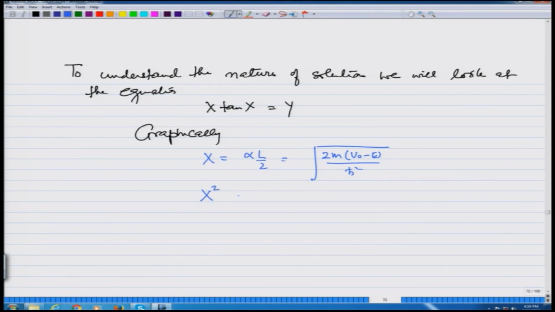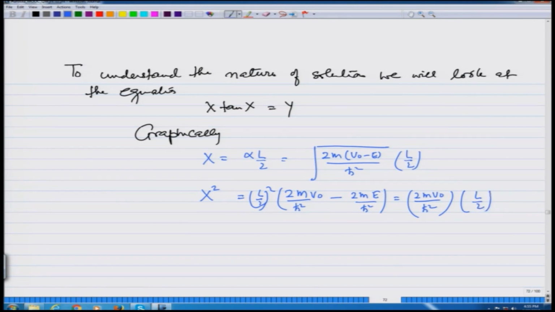So, x square is nothing but 2 m over h cross square V0 times L by 2 square, minus 2 m E over h cross square times L by 2 square, which is y square. So, x square plus y square is this constant, 2 m V0 over h cross square, L over 2 square.